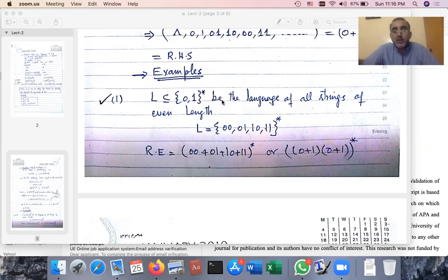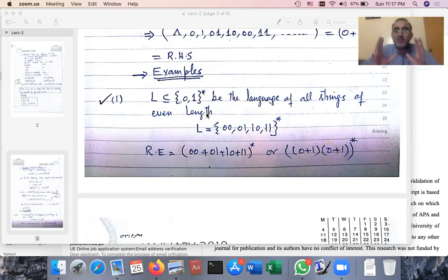But we are saying that L is the language over 0 and 1 of all strings of even length, and in this example we are given a condition that the strings of that language would be of even length.